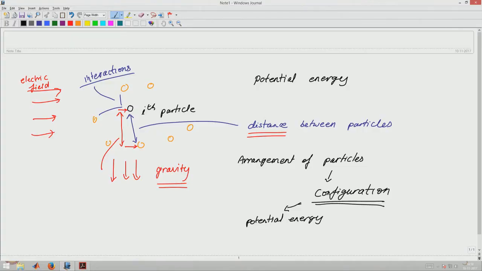So, basically we require 6 variables, 3 components of velocity and 3 components of position to describe the state of one particular particle. Similarly, if we describe the state of all such particles, then we would have completely specified the configurational space of the particles, as well as we would have described the overall velocity of each and every particle.